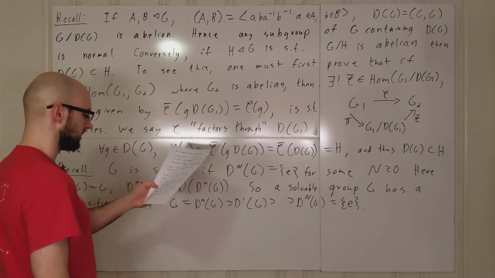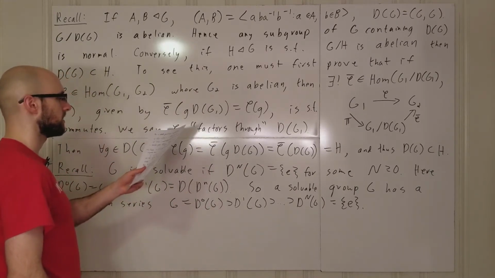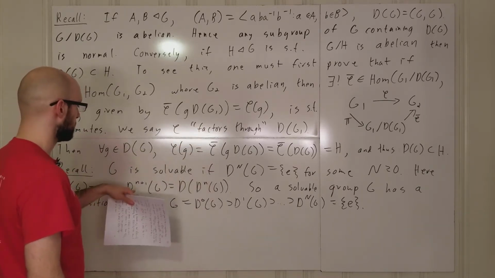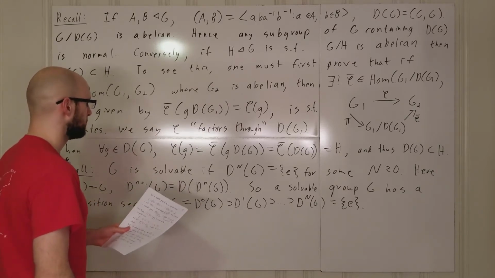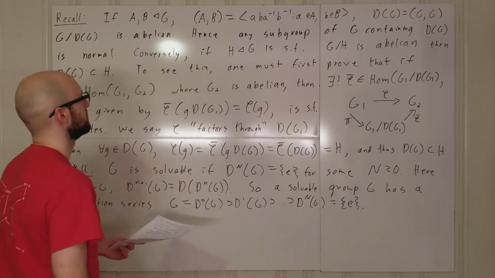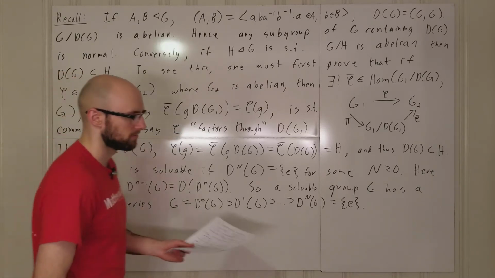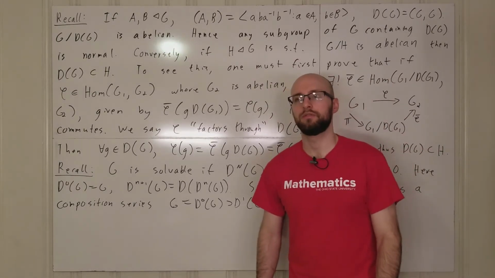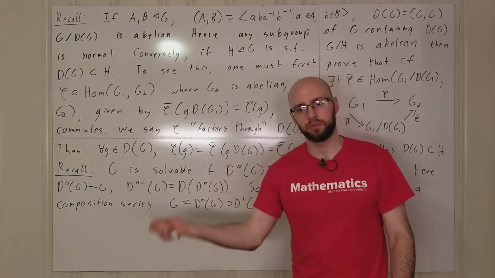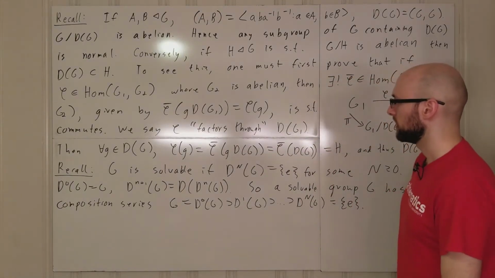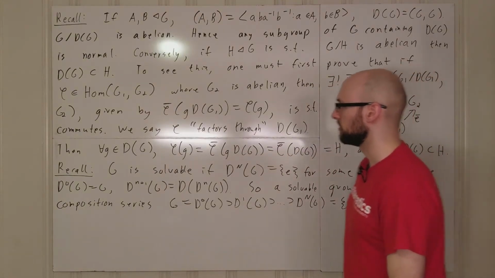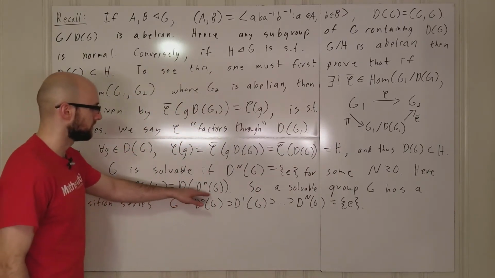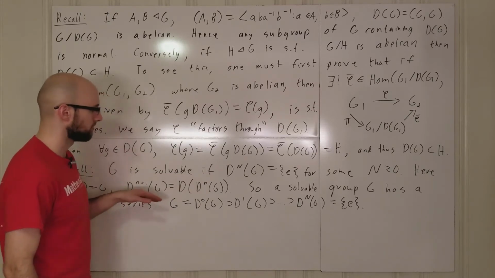Let's see here. I have written down here that this is an easy proof. So let's see, why is that an easy proof? Well, certainly, the commutator subgroup is normal. We proved already that the commutator subgroup is normal. And then, oh right, so the commutator subgroup of the commutator subgroup of a group is always normal in the group, and so I think we can just induct then, and so d^(n+1) is going to be the commutator of this group, and so d^(n+1) is going to be normal in d^n.